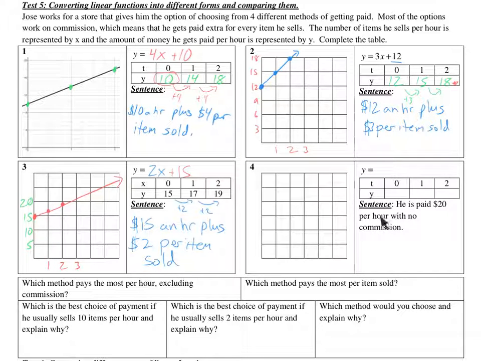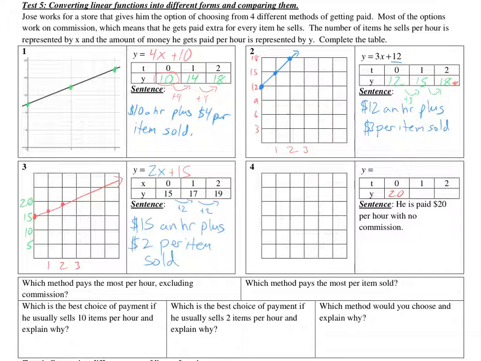So from this, what would be easiest to start? It all depends. What do you think? Maybe the equation or the table might be the easiest? Yeah. I'm going to do the table first. Okay, to do the table, if he sold 0 items, how much would he get paid an hour? 20 bucks. Oh, awesome.